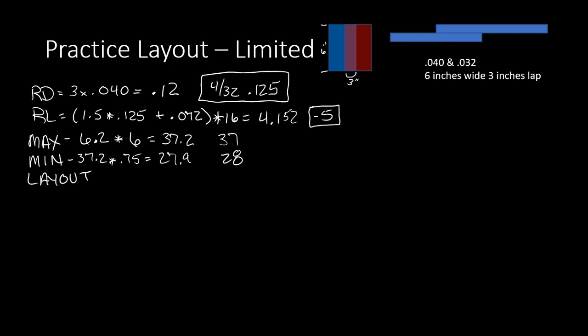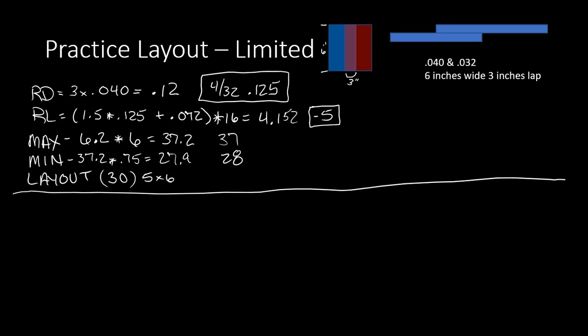I like shooting fewer rivets, so I'm going to choose 30 and go with a 5x6 layout. So it's a nice number. 5x6 should be enough spaces. Let's find out. So I'm going to draw a line just so I know everything above is good.